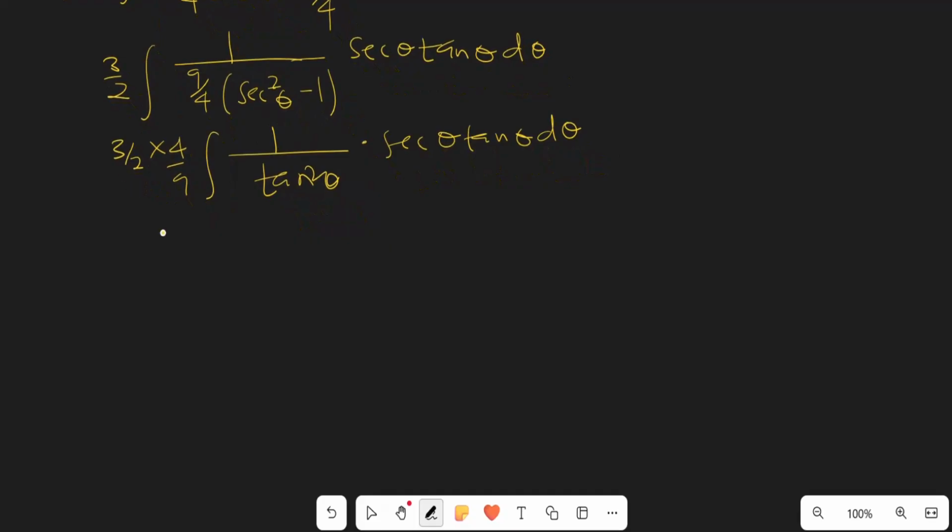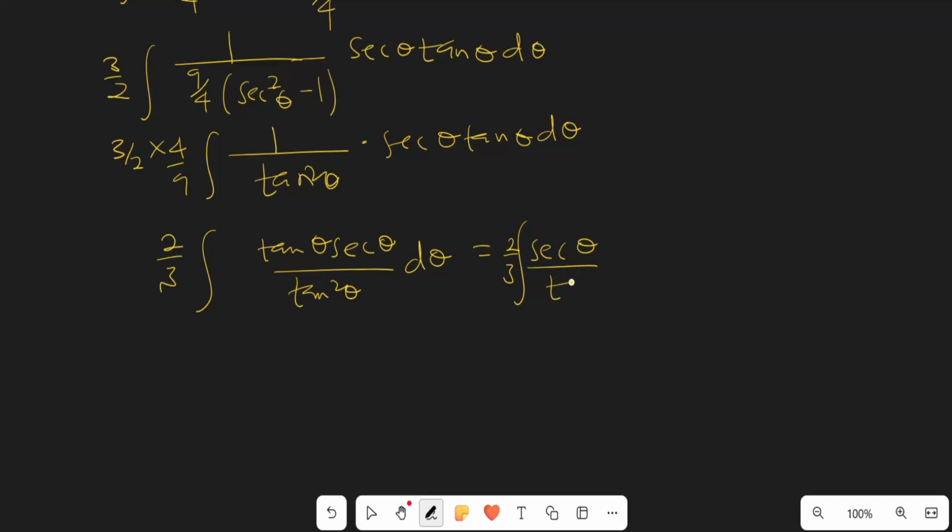This simplifies to 2/3, the integral of tangent theta secant theta all over tangent squared theta d theta. And that simplifies to the 2/3 integral of secant theta over tangent theta. The tangent theta will cancel one of the tangent thetas in the denominator.